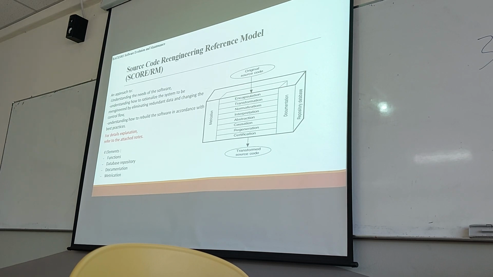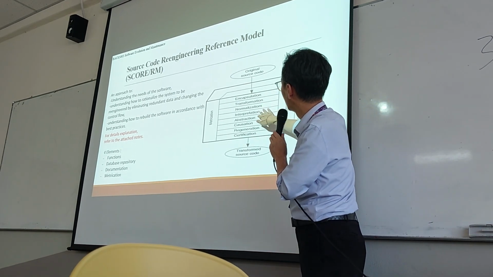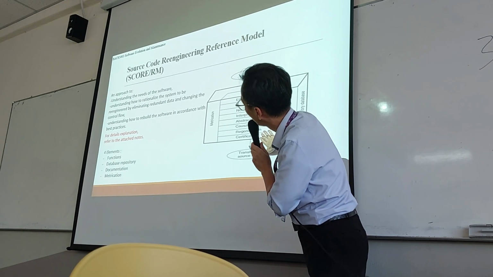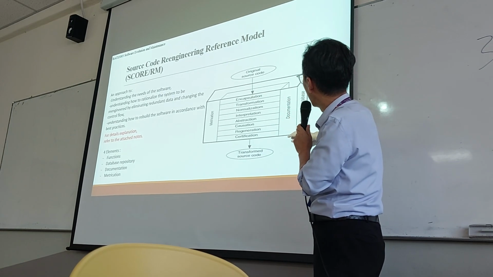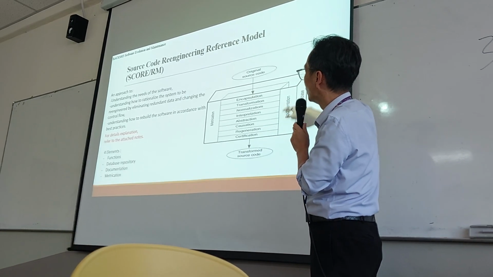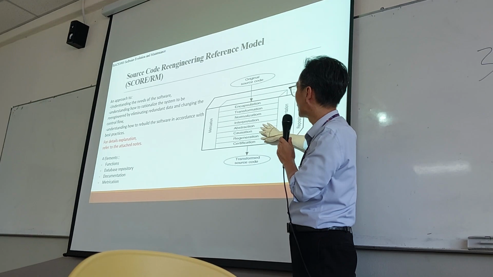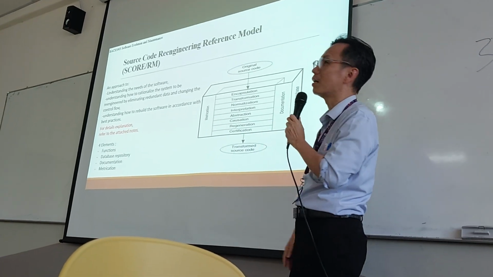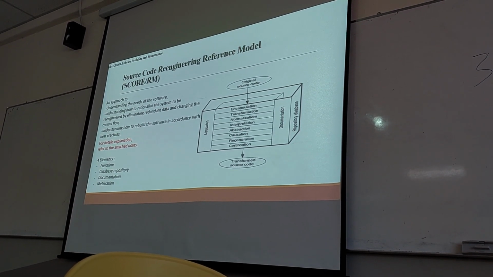Therefore, this model consists of 4 elements: the functions, the medication, the documentation, and the database repository. From this model, we know that there are 8 processes or 8 phases for this SCORE RM model. So we are going to start with the first one.